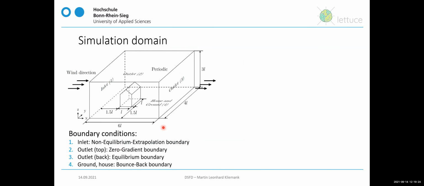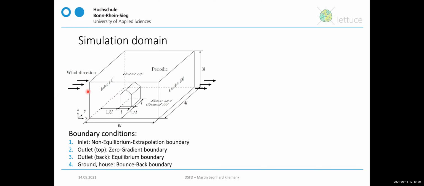To come to our simulation setup, first we have our simulation domain, which is constructed by the boundary conditions with the house inside that's being investigated. First of all, we have our inlet boundary, which is a non-equilibrium extrapolation boundary that prescribes the microscopic velocity and extrapolates the density from inside.